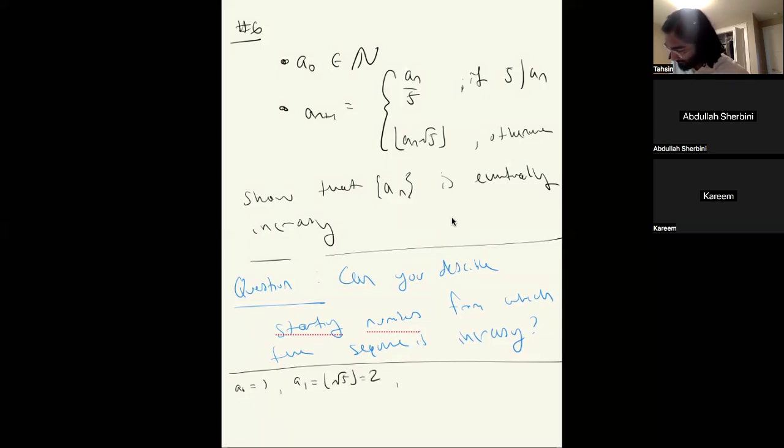Then a_2 is the floor of 2 times root 5, which is 4, I think.